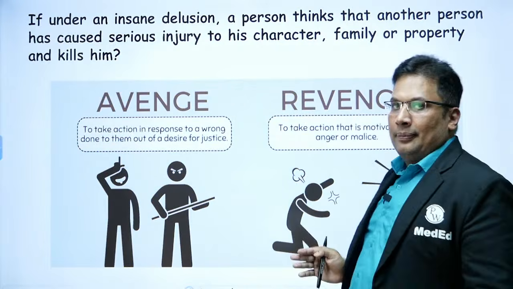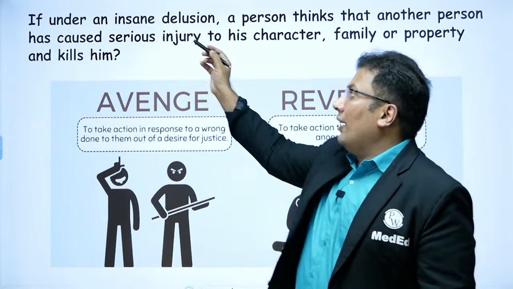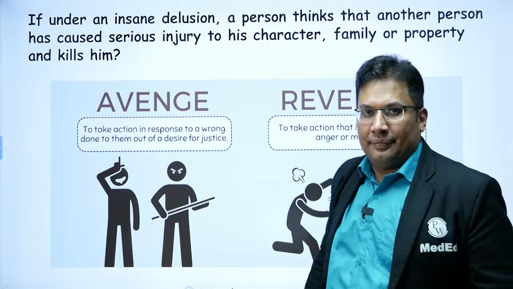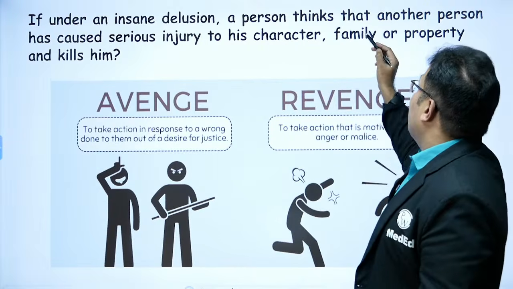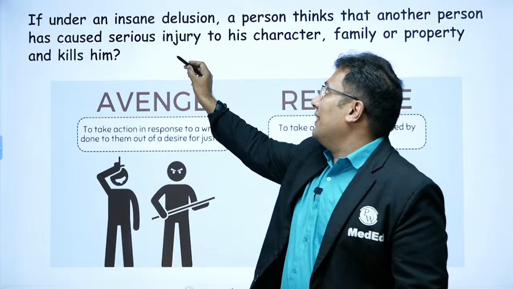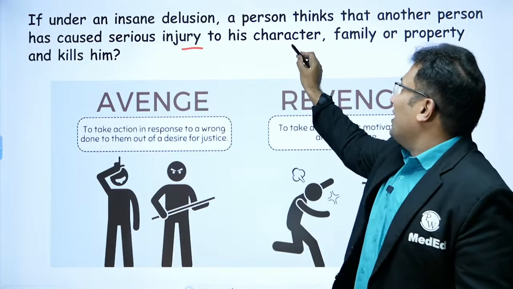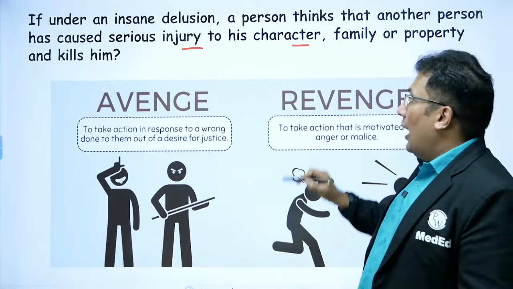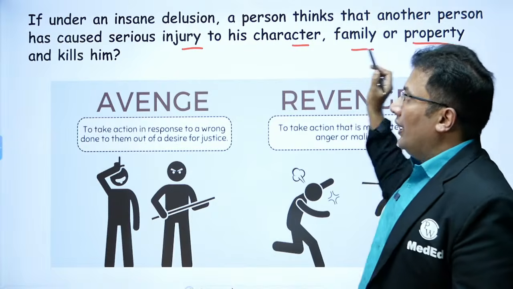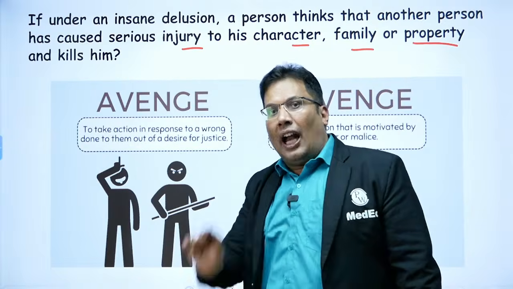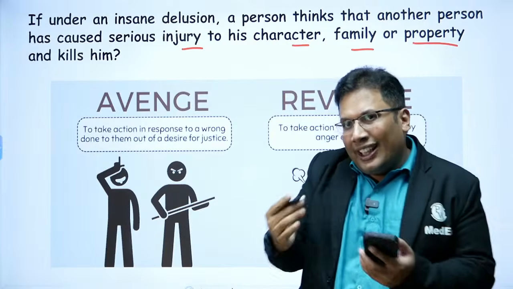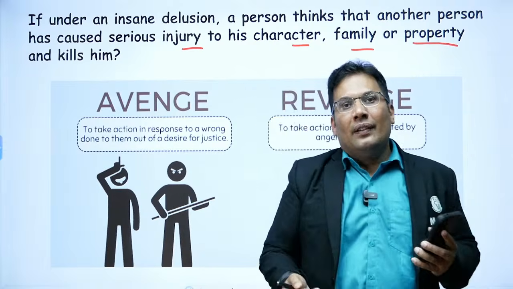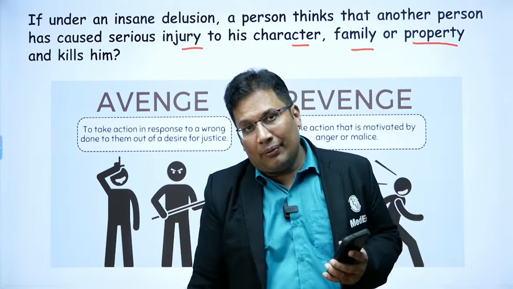Now look at this. If, under an insane delusion, a person thinks that another person had caused serious injury to his character, or family, or property, and he kills him. So during investigation, they came to know that he is suffering from psychotic depression.